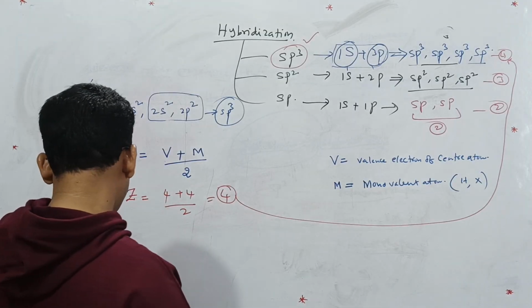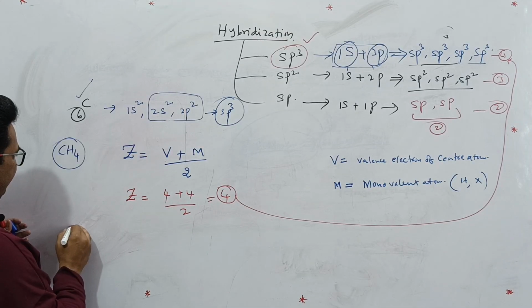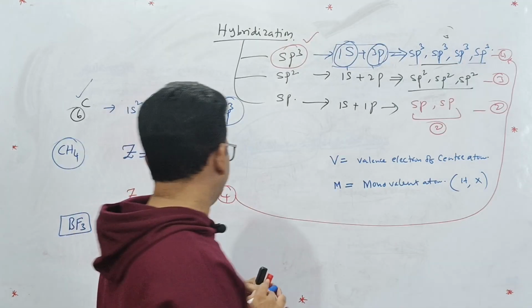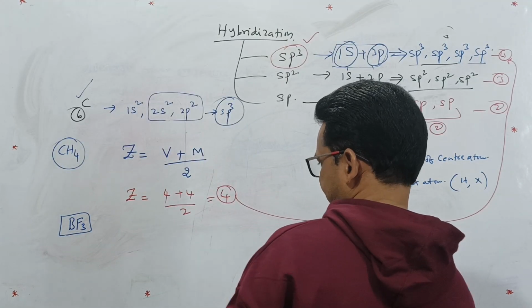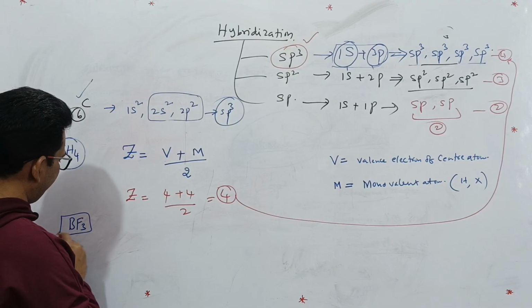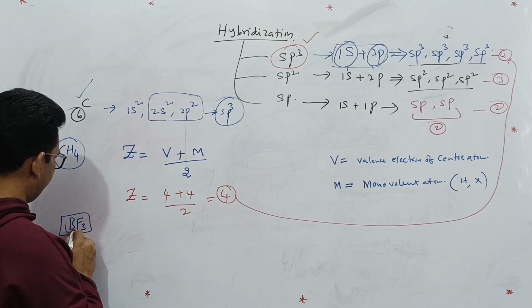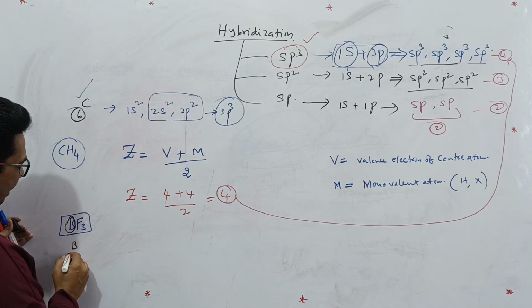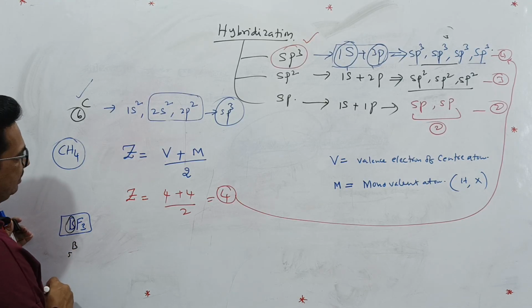For example, I will give another example. Another example we will take is BF3. In the case of BF3, this boron is there, no? This is the center atom. Boron atomic number how much? 5.